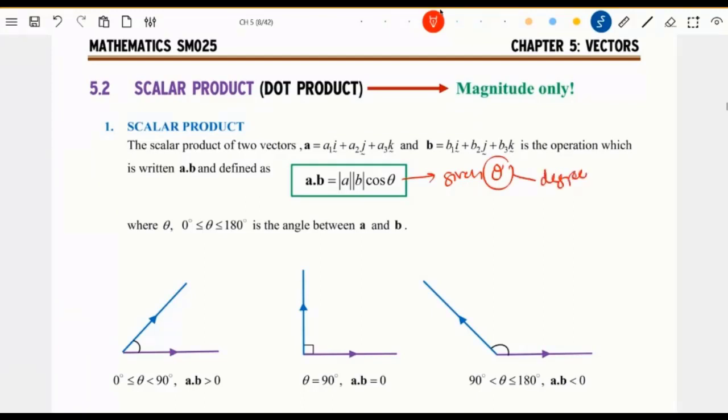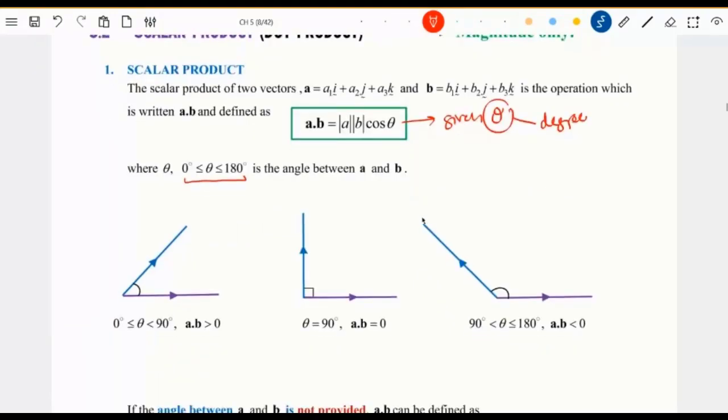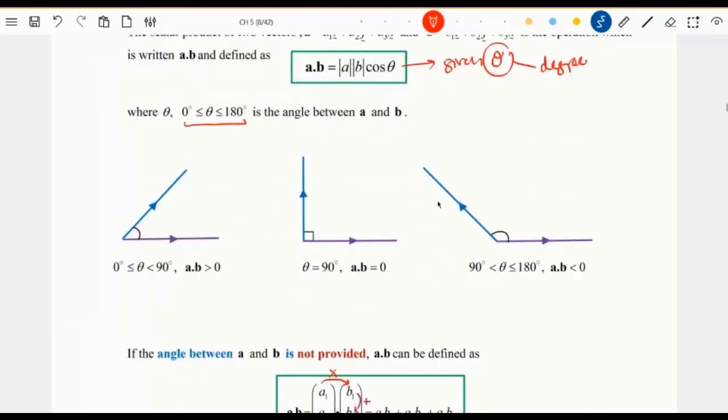So calculator mesti dalam degree mode. Okay. Alright, so theta must be less than or equal to 180. It's not more than that. And then if we have it less than 90, so dia akan jadi greater than 0. It's positive value. Equal to 0, dia akan jadi when we have perpendicular. And then more than 90, dia akan jadi negative value.